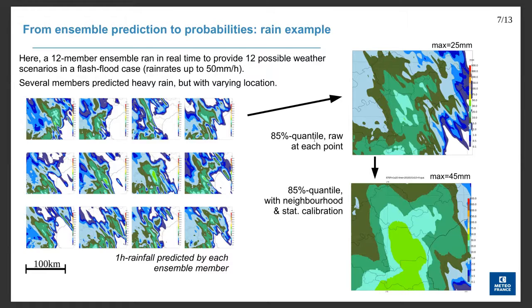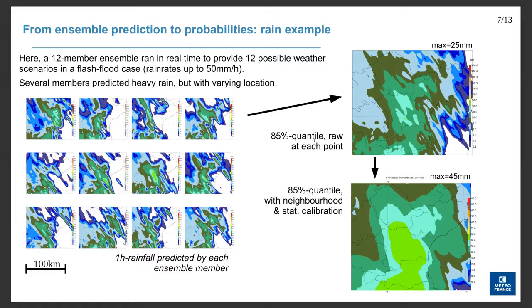And they can be used to quantify the probability of high impact weather events. So here is an example with a 12-member rain forecast, where a few members correctly predicted a high precipitation event.